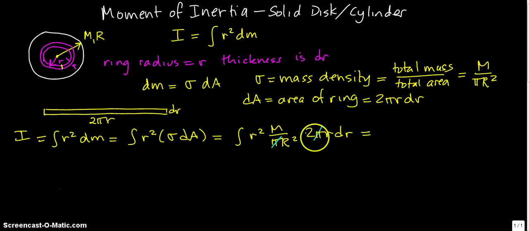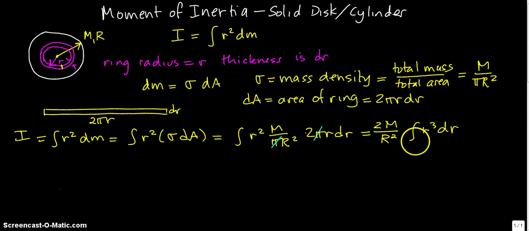So basically the constants are total mass, 2, and total radius squared. So 2 times total mass over total radius squared, those are the constants, and the integral is left r and another r and dr, so r cubed dr. And I'm going to add up all of the little circles, starting at a radius of 0 and going to the total radius of the disk.